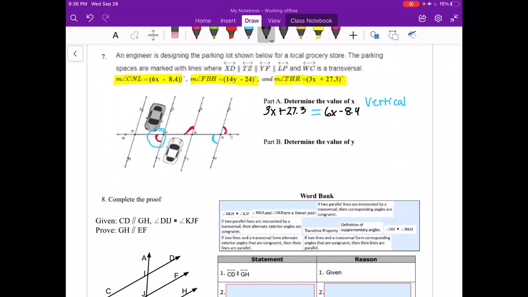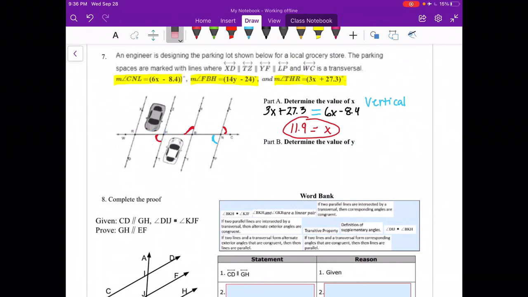We would first start by subtracting 3x on both sides, and after that, we would add 8.4 to both sides. Then we would divide both sides by 3 to obtain the fact that x equals 11.9. Now that we know this, we can move on to part B.